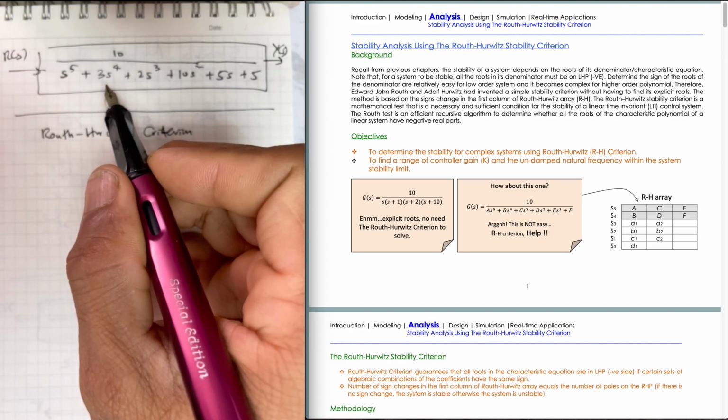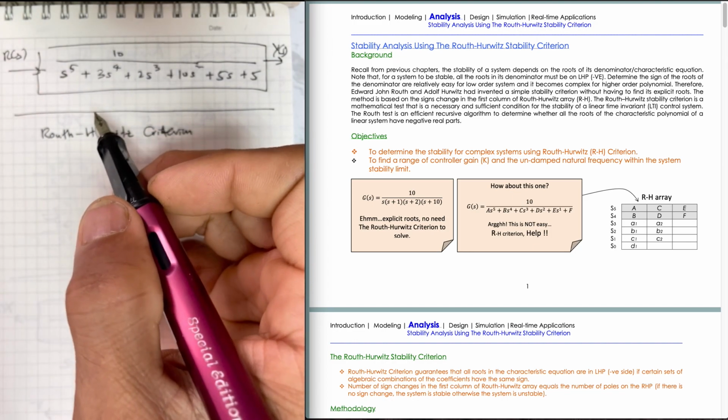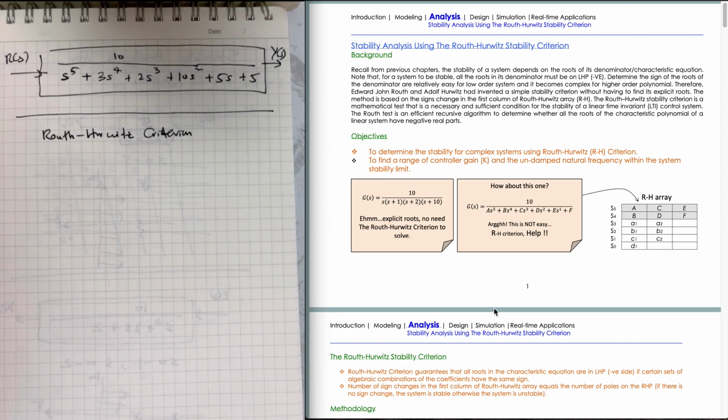If you look at the slide on the right, which you can also download from the e-learning website, in this case the system is stable, definitely, because all the roots are negative: s minus 1, s minus 2, s minus 10, s minus 0. Hence, the system is stable.